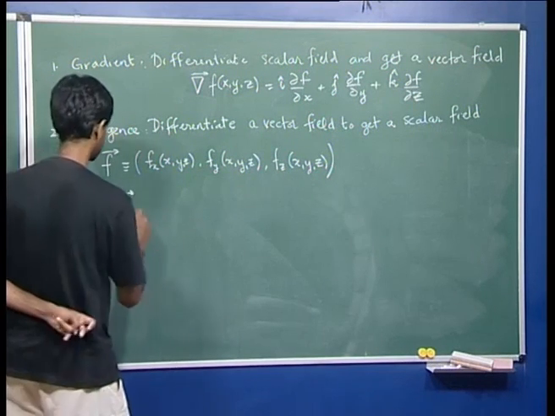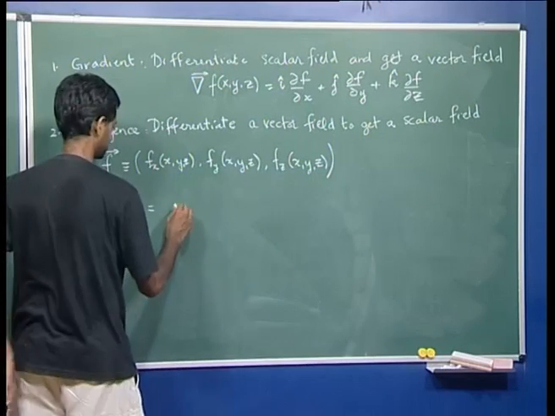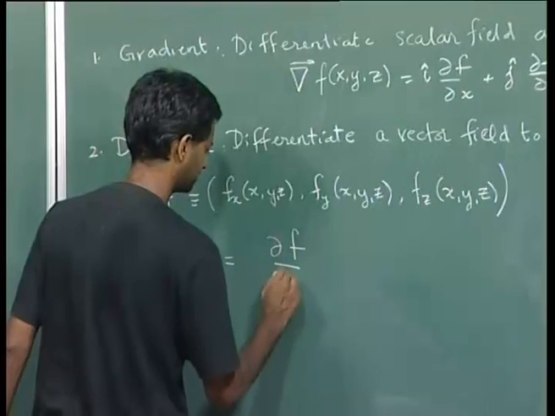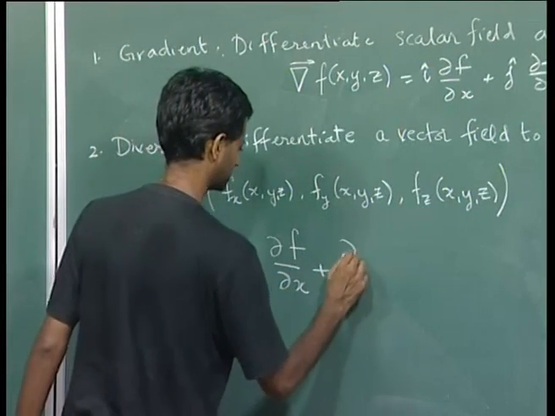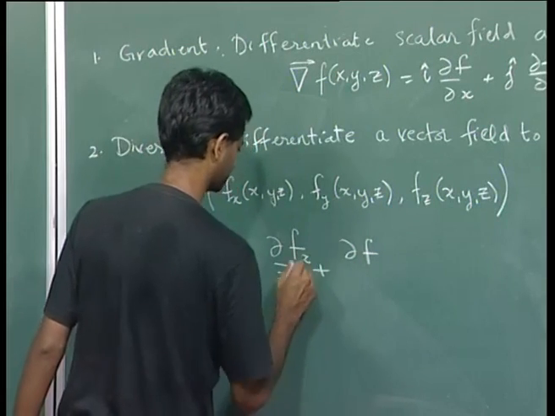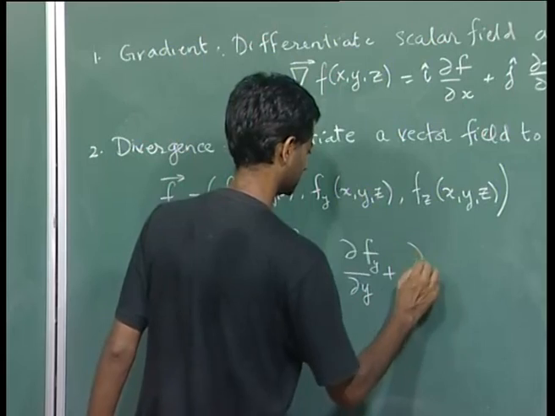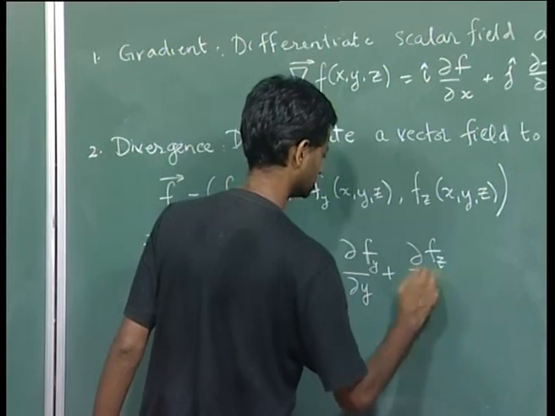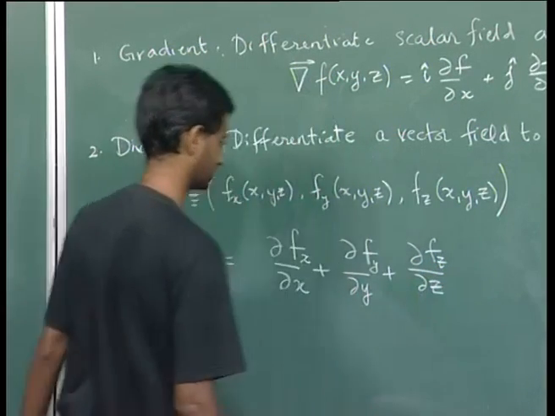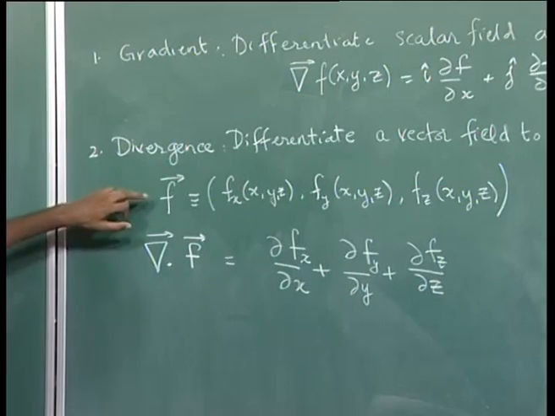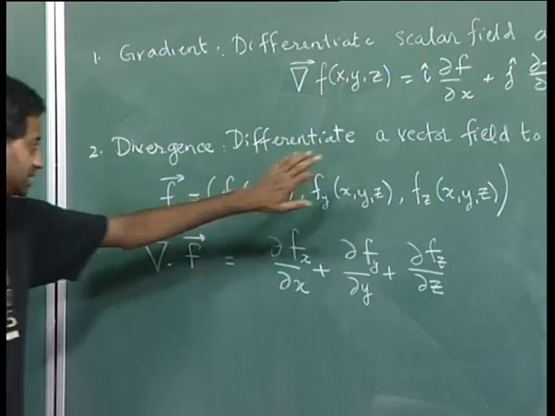So it is written as del dot f, and the value of this is the partial derivative of f x with respect to x, plus f y with respect to y, plus f z with respect to z. So you started with a vector and that has 3 components.